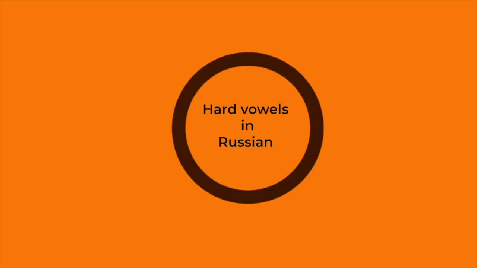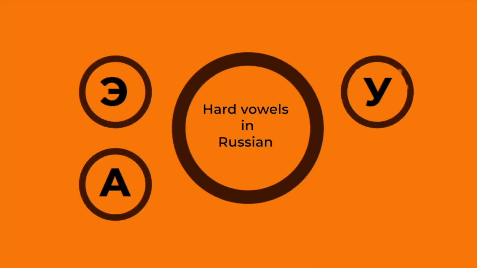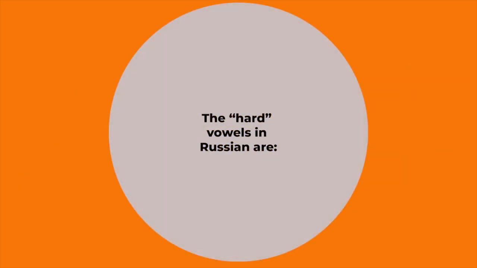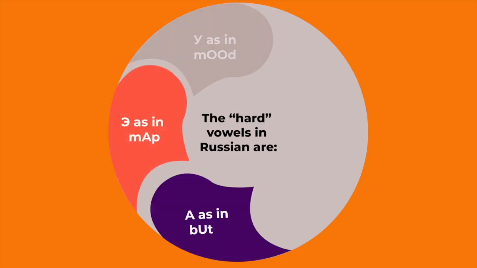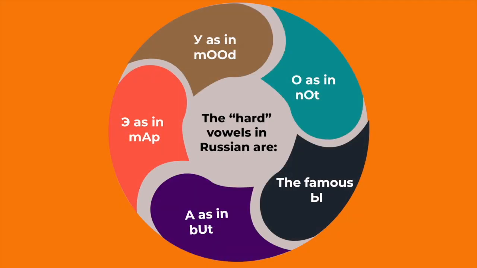If you look at this concept, for the hard vowels in Russian we have certain examples: А, Э, У and О. You can also see that we are trying to make it clearer for you with the help of certain English words, so that you can understand the peculiar sound of these letters.